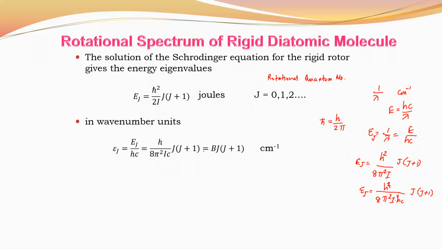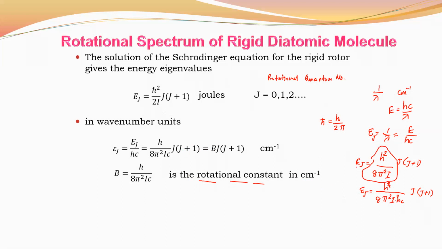Here we represent it as b into j plus 1. Then what is b? B is equal to h divided by 8 pi square Ic. It is known as the rotational constant. It is in centimeter inverse.